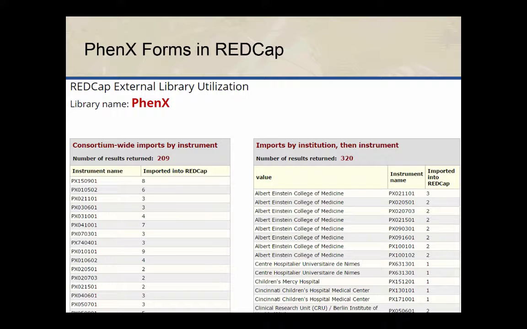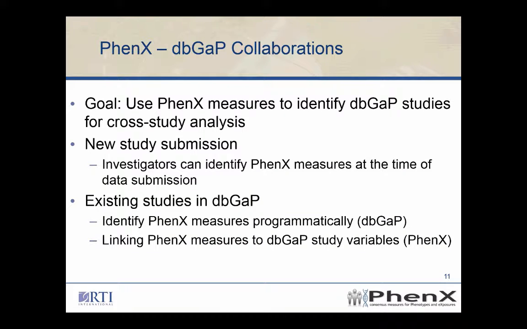In PhenX, we have 24 research domains. Each domain has around 15 measures, and each measure can have one or more protocols. To date, we have more than 23,000 variables. And dbGAP continues to grow, and currently they have more than 800 studies and a lot of variables.